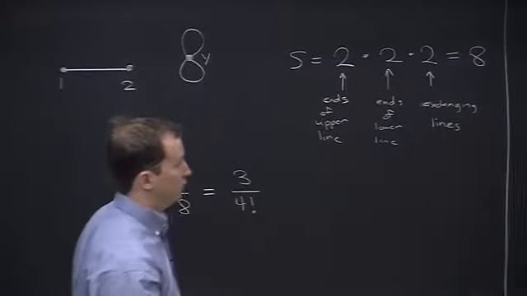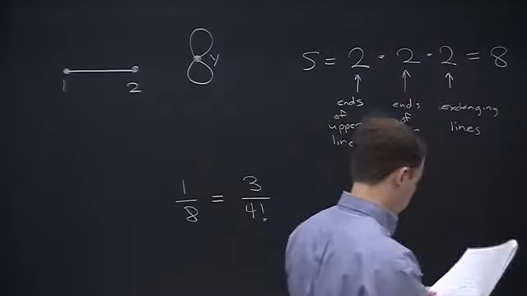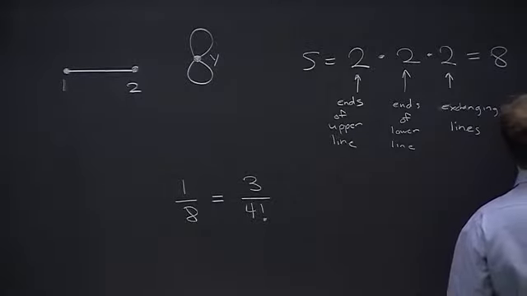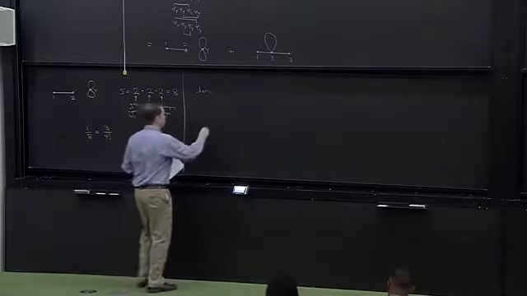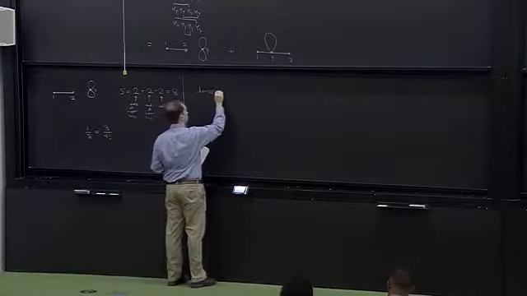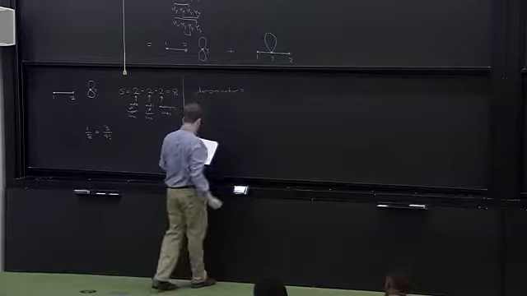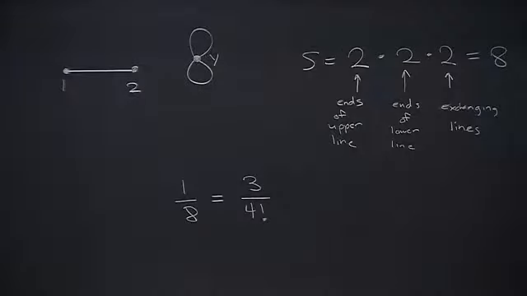So we've learned the Feynman rules. Let's look at the denominator and see what's going on there. So the denominator we can write in terms of Feynman diagrams as 1.